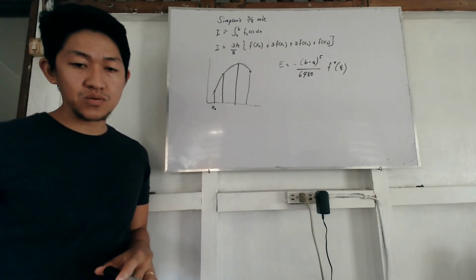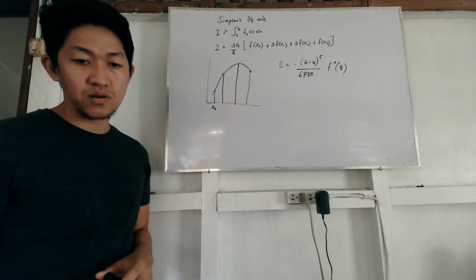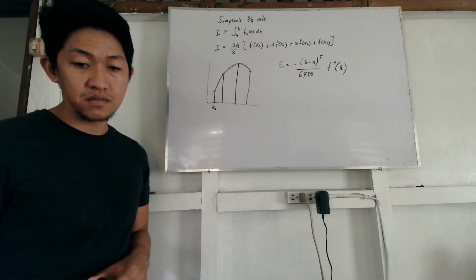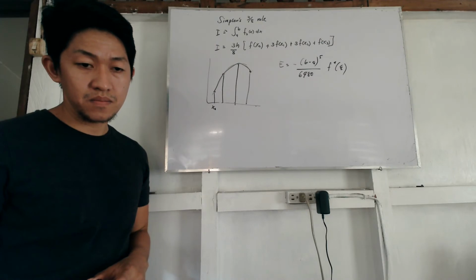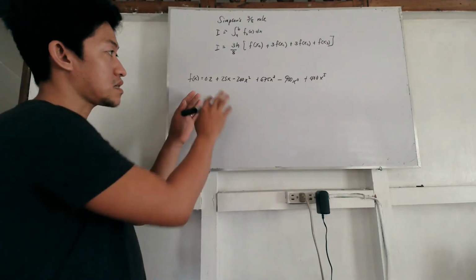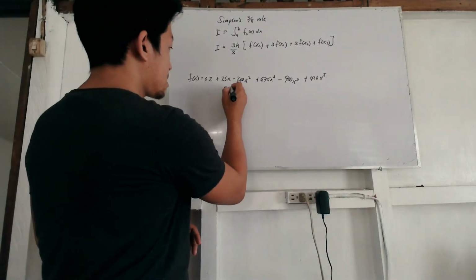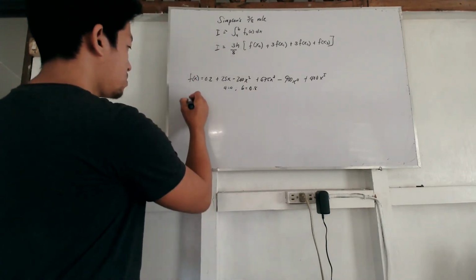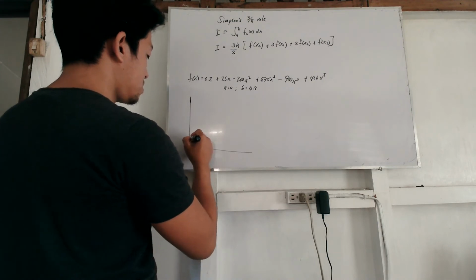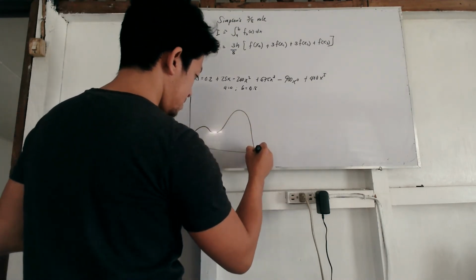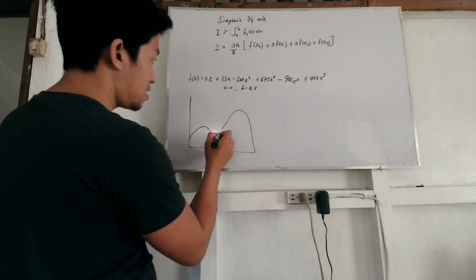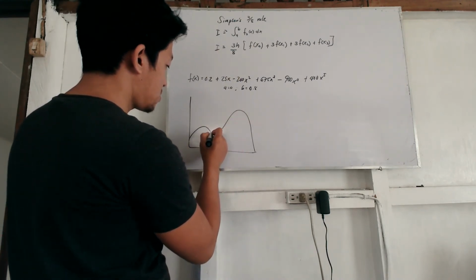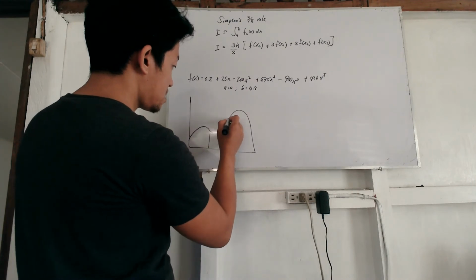Okay, so let's apply this to our previous example. So this is our equation. In order to apply Simpson's 3/8 rule, we'll divide this into 3 segments.